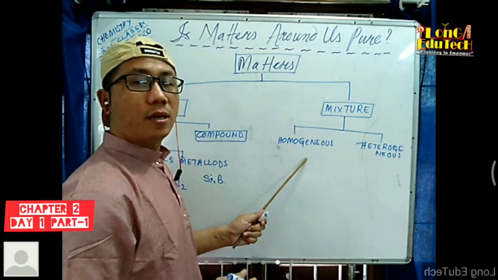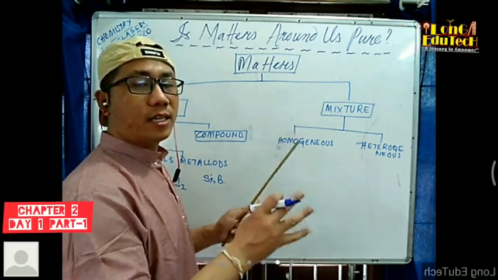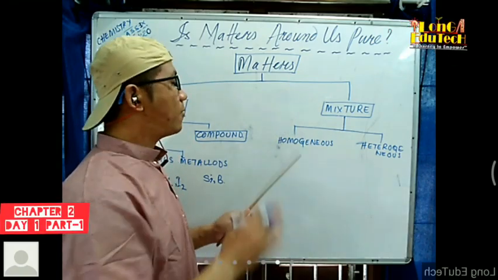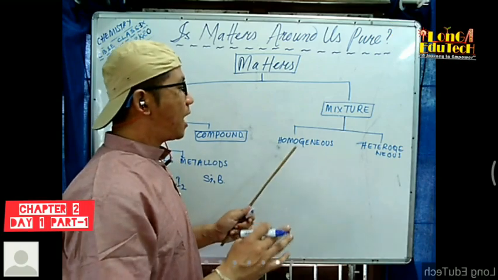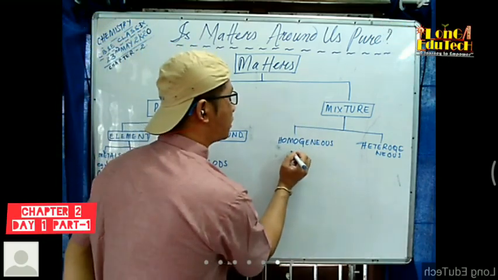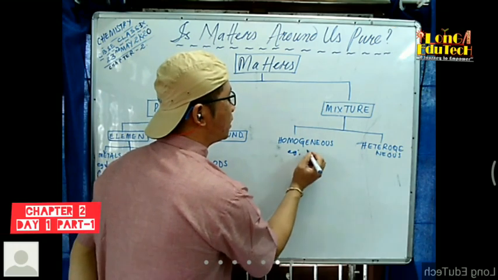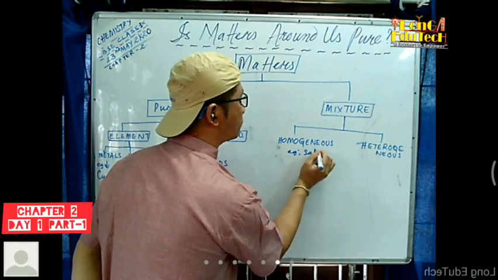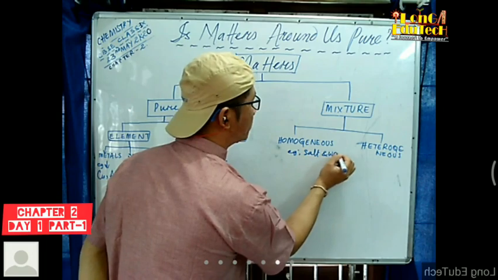Don't worry, we are going to study step by step, one by one. I'm just highlighting this. A homogeneous mixture example is salt and water.